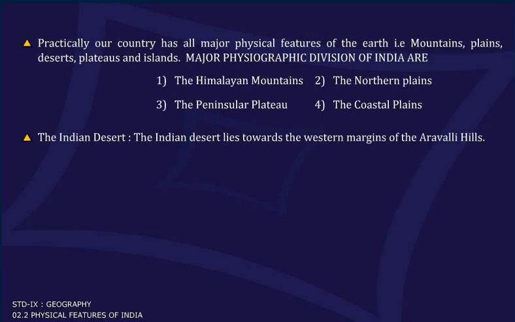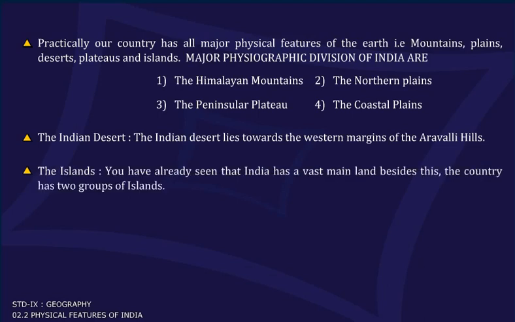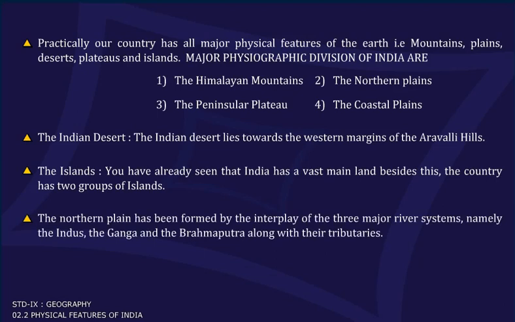The Indian desert lies towards the western margins of the Aravalli Hills. The islands. India has a vast mainland. Besides this, the country has two groups of islands.